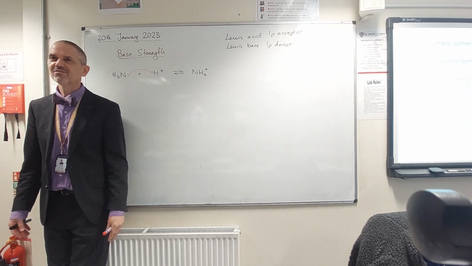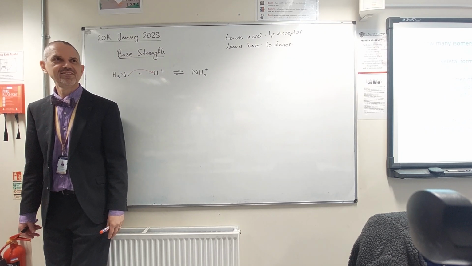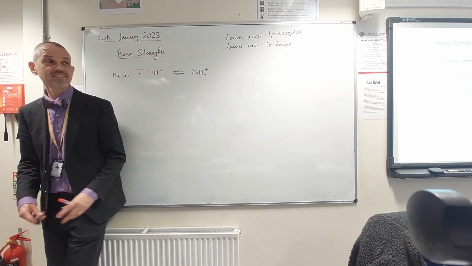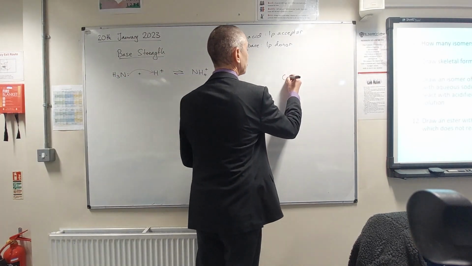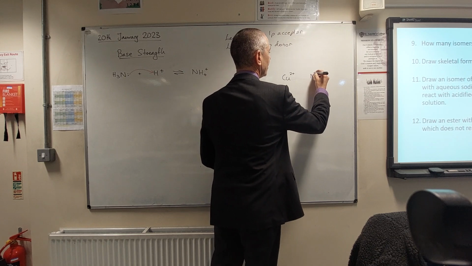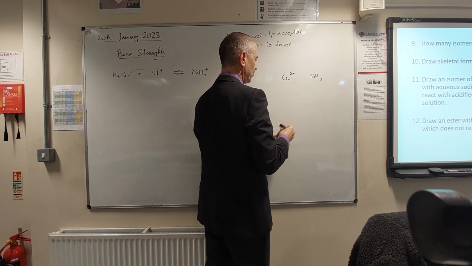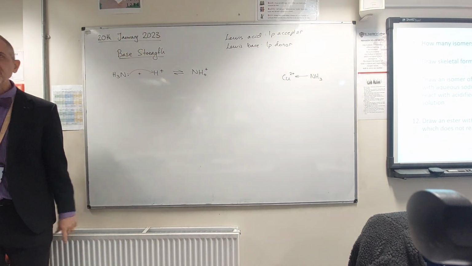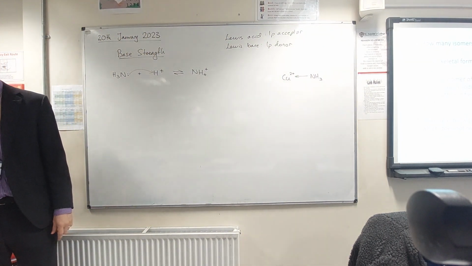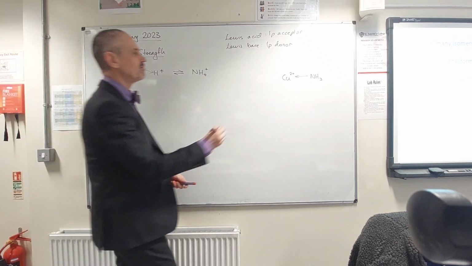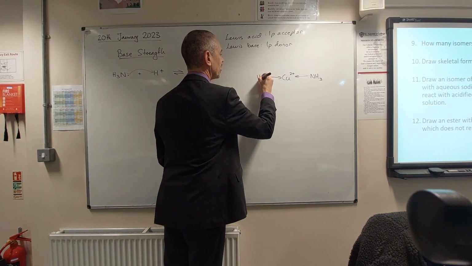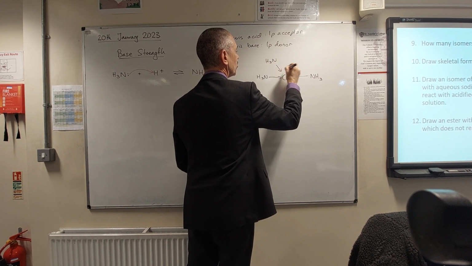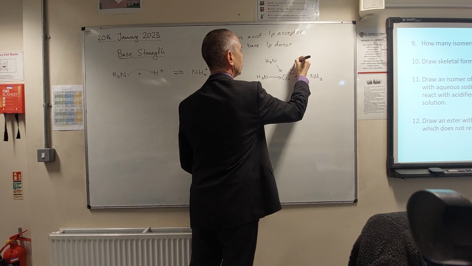Why would you see this in transition metal chemistry? It's ligands. Yeah, ligands, that's right. So if we've got a copper 2 plus ion and I stick an ammonia on there, then the ammonia's basically doing the same thing. It's not hugely different, in terms of what's going on there. It's just that for copper 2 plus, of course, there's a whole bunch of them around there, and probably some waters as well.